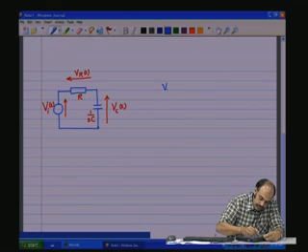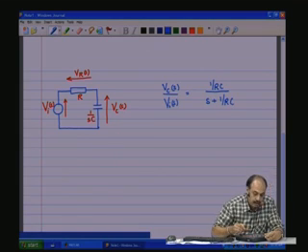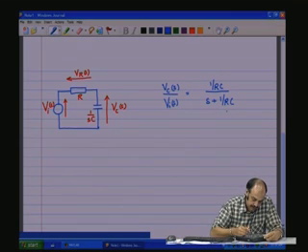So, we saw that we had Vc(s) by Vi(s) equals 1 by RC divided by s plus 1 by RC. Here the numerator does not contain the s terms, which means there are no zeros. The denominator contains one order of s, that is s to the power of 1. So, there is only one pole, and that pole is at s equal to minus 1 by RC. This we saw in the last class.